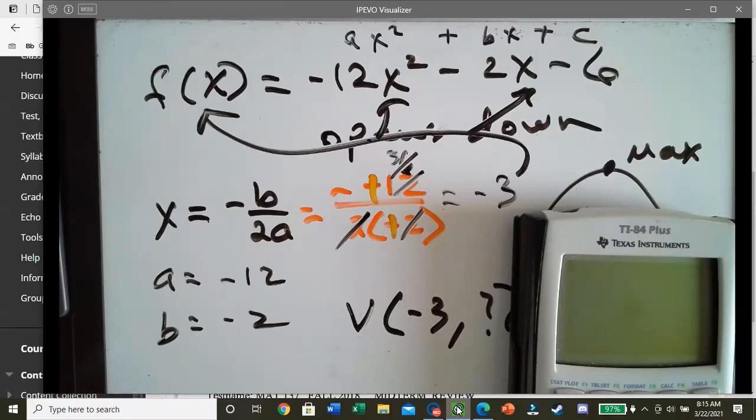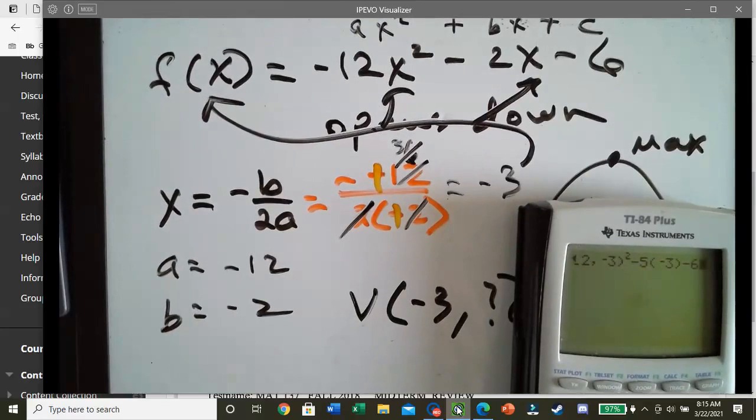We've got negative 12, open parentheses, negative 3, close it, squared, and minus 2, parentheses, negative 3, close it, minus 6. Just double checking here.